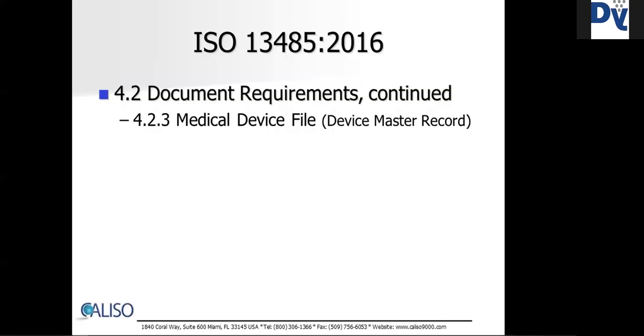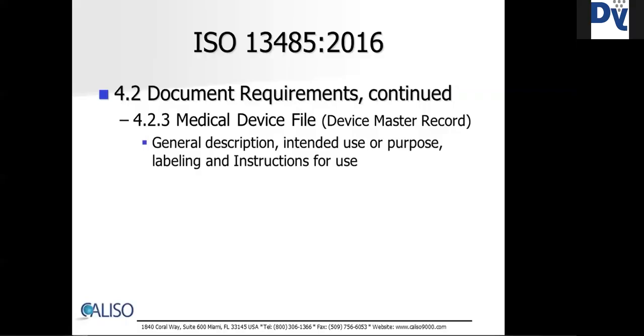While this is not a new requirement, it was found in 4.2 of the 2003 standard as an additional requirement for medical devices. It's now very specific and detailed as to what is required in this medical device file, otherwise known as a device master record.